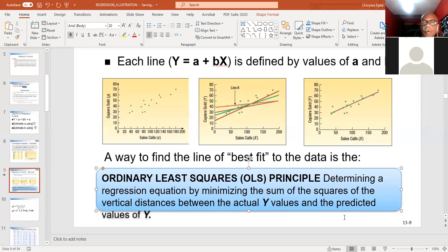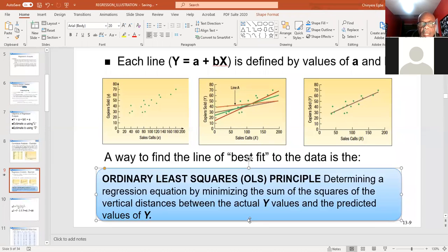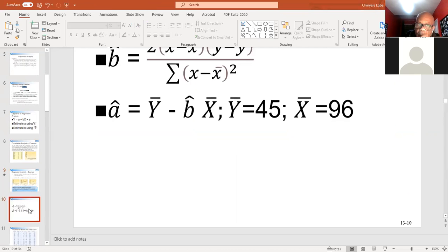It's called the OLS principle, or ordinary least squares. So now, how do we implement ordinary least squares, and what do you get? Let's see what we get. All right. Now, that's a mathematical method that you use.